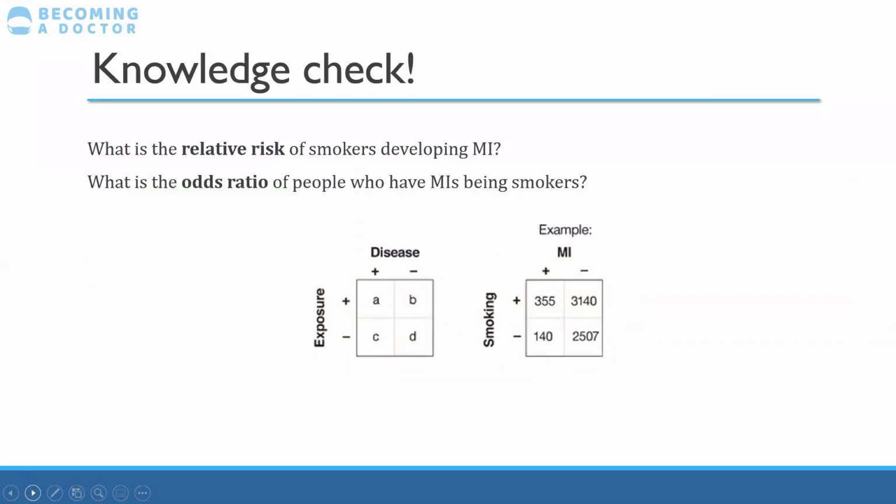So here's a worked example. So taking the table, if we're thinking about disease and exposure, we could think about MI and smoking. So what this table is showing is how many patients with an MI smoke, how many don't smoke in C, and then how many patients without an MI smoke, and how many patients without an MI don't smoke.